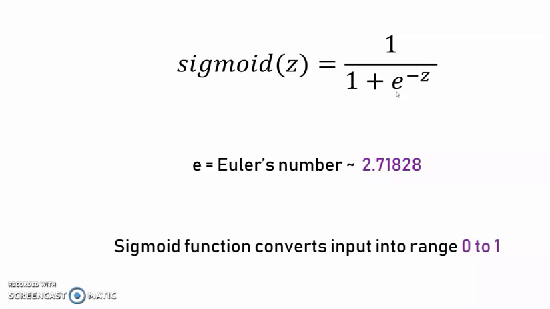So if you feed a set of numbers to this sigmoid function, all it will do is convert them to the 0 to 1 range, and the curve that you will get looks S-shaped. So if you plot a 2D chart, it will look like the S-shaped function that we saw in the previous slide.